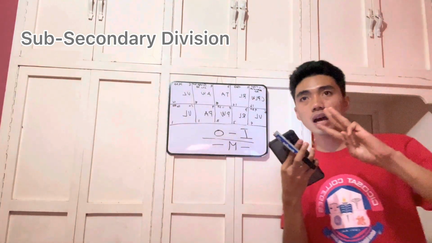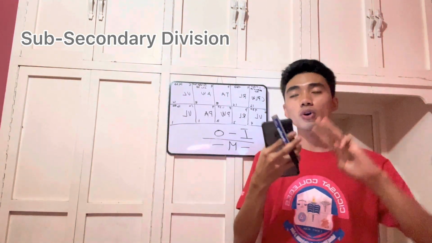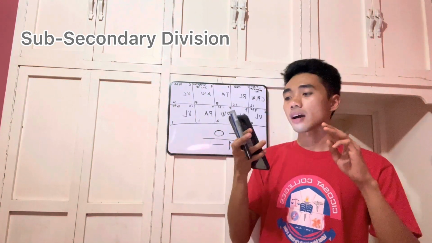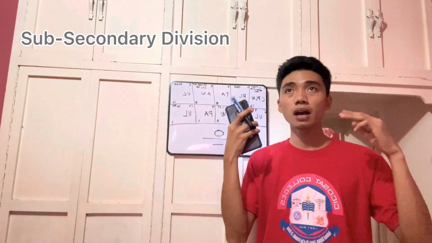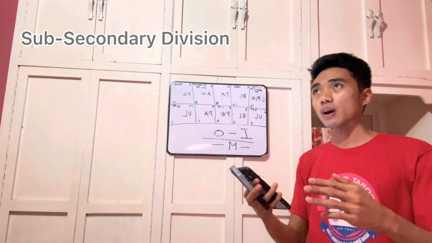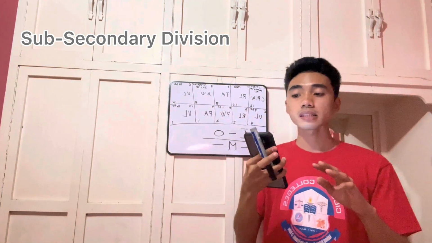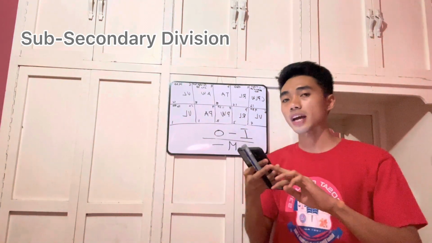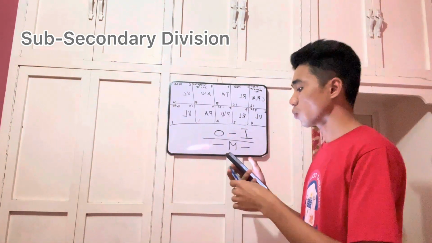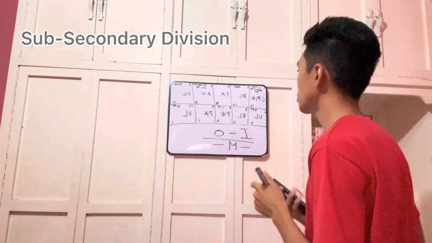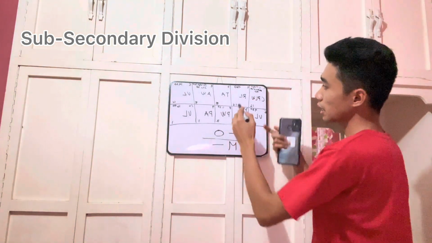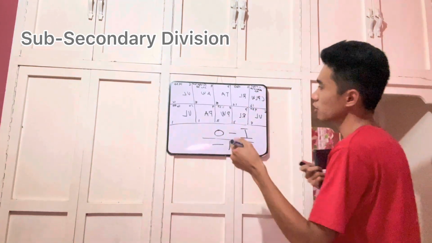So, pag naalala mo na yun, automatic na sa index mo, for example, 1 to 9, automatic na maintindihan mo yung outer is 10 or more. Yun na. So, kukunin na natin yung subsecondary division. So, sa index finger na tayo.